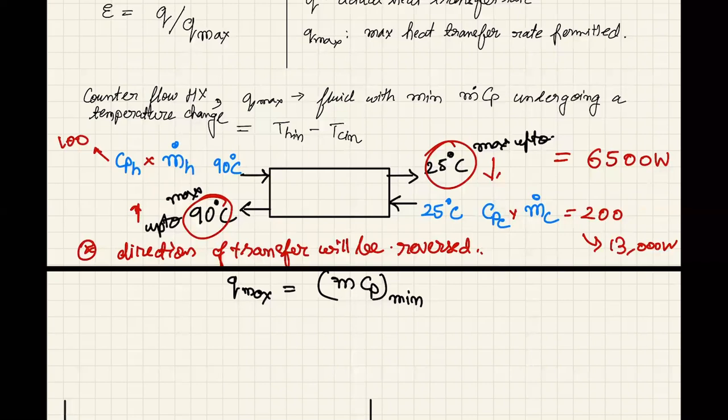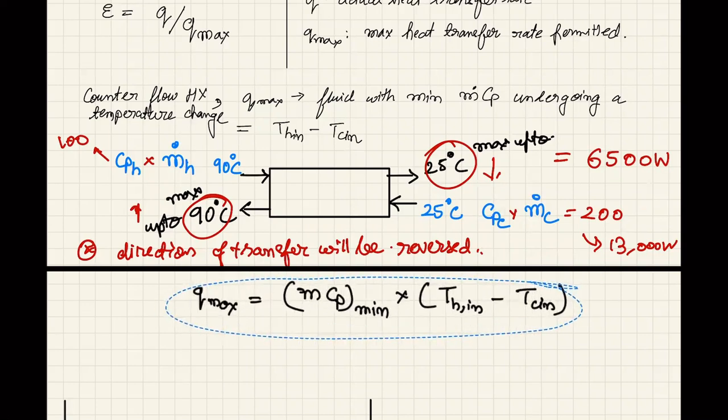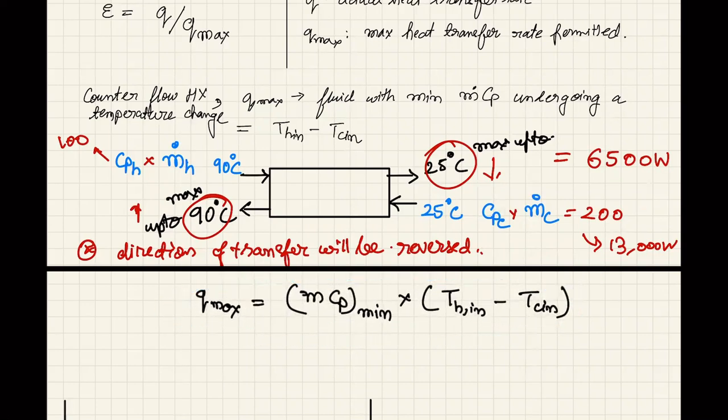In this example the hot stream's is smaller; in another case the cold stream's could be smaller. Whatever it is, it is the value of whichever stream has the minimum MCP, times the temperature difference. So essentially this is the maximum heat that can be transferred by the given exchanger. Is this point clear, guys?